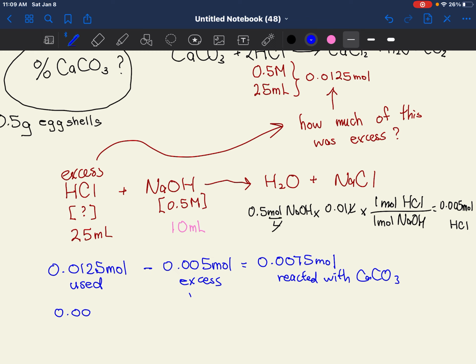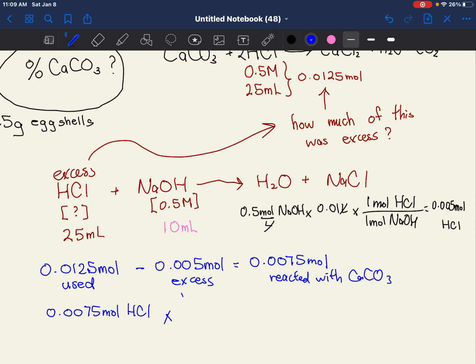So 0.0075 moles of HCl. For every 2 moles of hydrochloric acid, it will react with 1 mole of calcium carbonate. So moles cancel, HCl cancels, and my answer will be moles of calcium carbonate. So let's see how many grams that is.